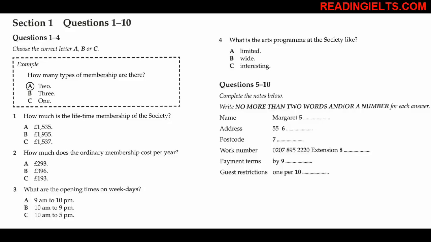Hi. I'd like some information about joining the International Arts Society. That's no problem. What exactly can I help you with? First of all, I'd like to know about the membership fee. Well, there are 2 types of membership. Can you tell me what they are?